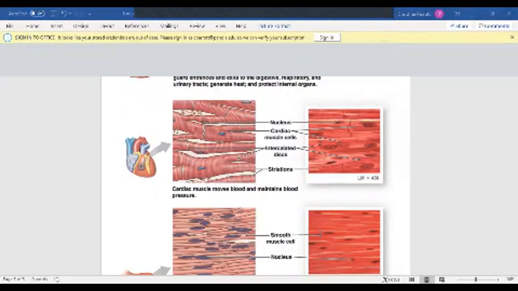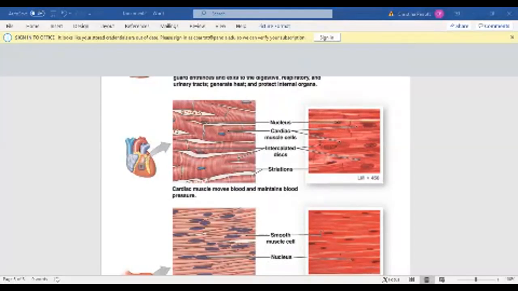And they have striations. They also have intercalated discs. Your intercalated discs are where one muscle fiber is going to zip together with another muscle fiber. Okay, so again, cardiac muscle tissue is found in the heart, because cardiac means heart. It is going to be smaller branched fibers that are uninucleated. They are striated, meaning they're striped, and they have intercalated discs, which are those zipper joints.